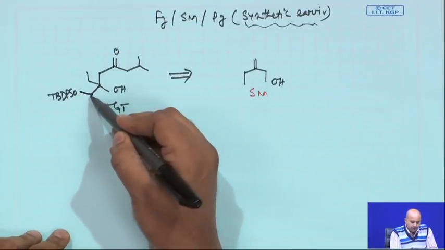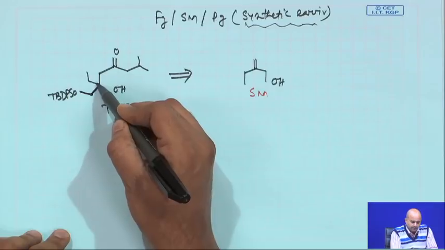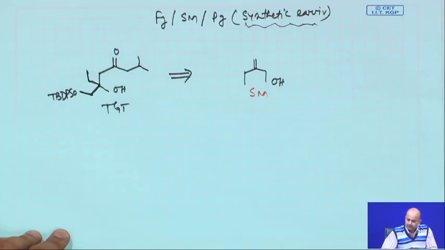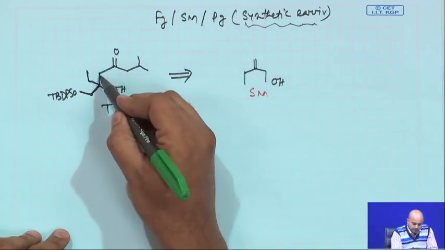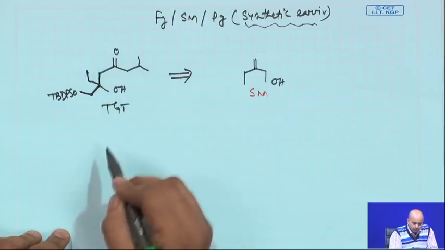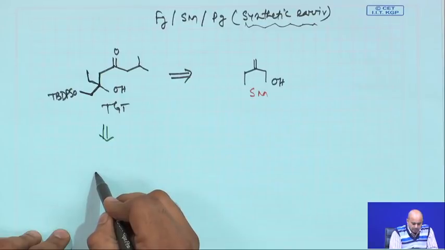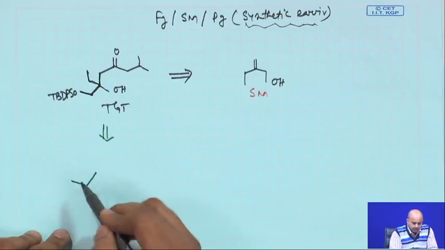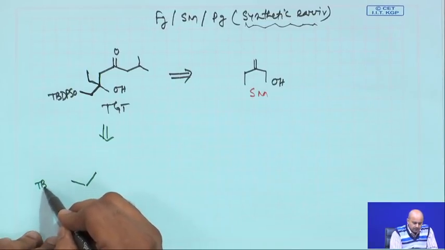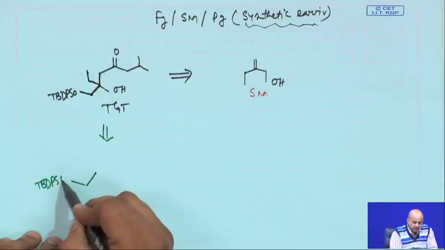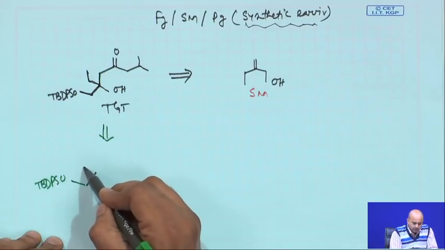So, this part is this and this part is the ethyl, and this particular double bond might be this one where you do something else. So, now we will cut the molecule retrosynthetically, and you see how to cut the molecule.